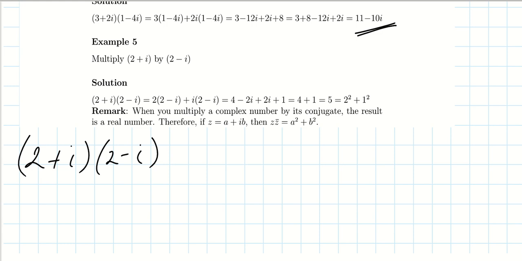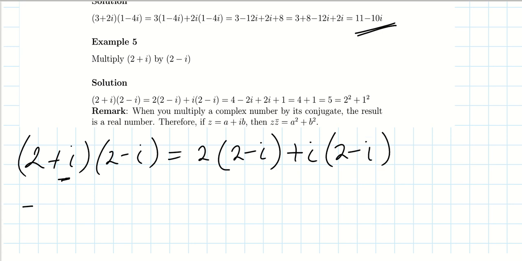And when we do that, we have 2 open brackets 2 minus i, plus i, which is this i, times 2 minus i, which is the same thing as 2 times 2, which is 4, minus 2 times i, minus 2i.